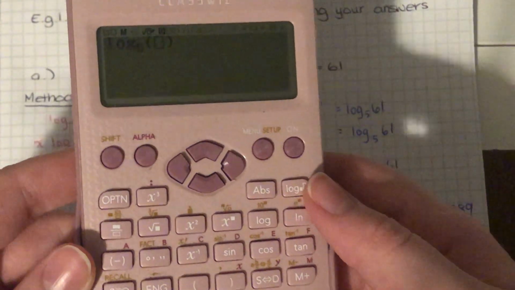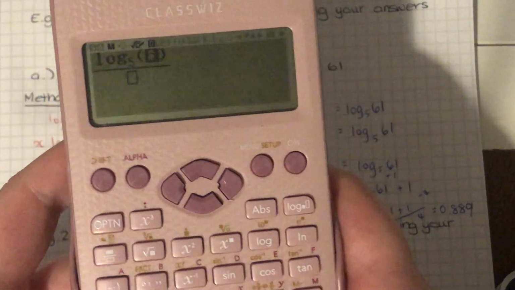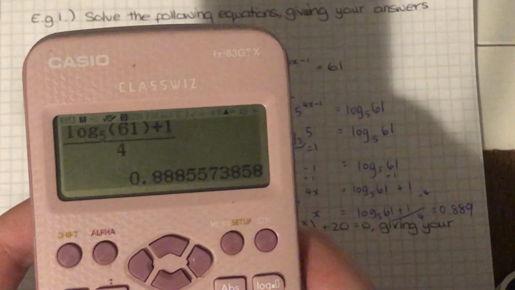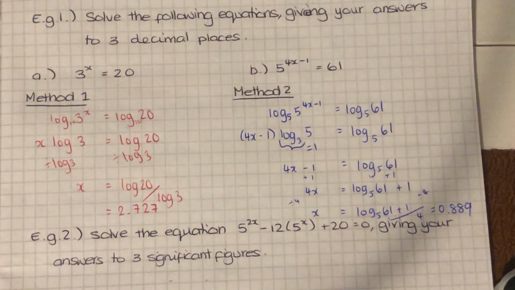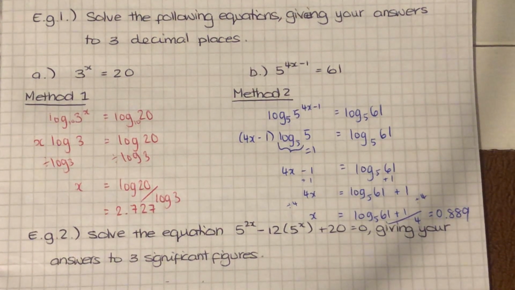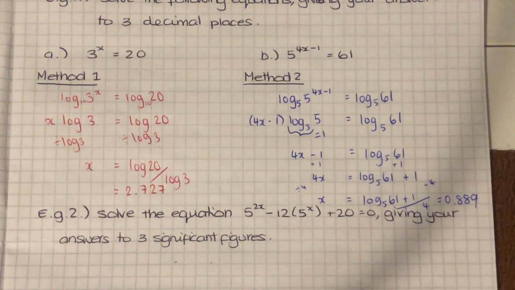You've got the button there as well. So fraction, log base 5 of 61 plus 1, all divided by 4. And again, you get the same answer. So either method will work. So I could have used method 1 on this, and you get the same answer.